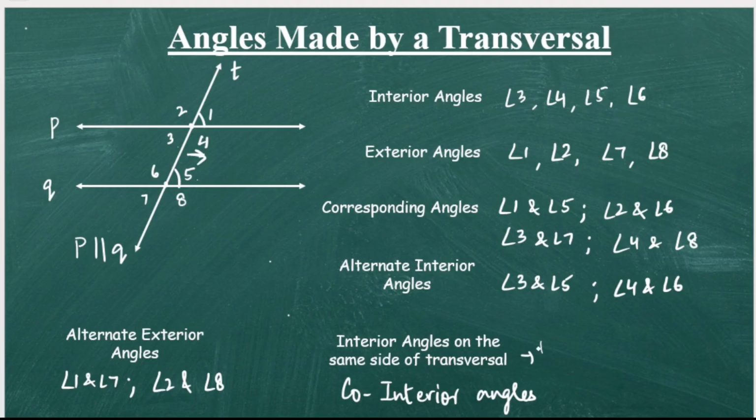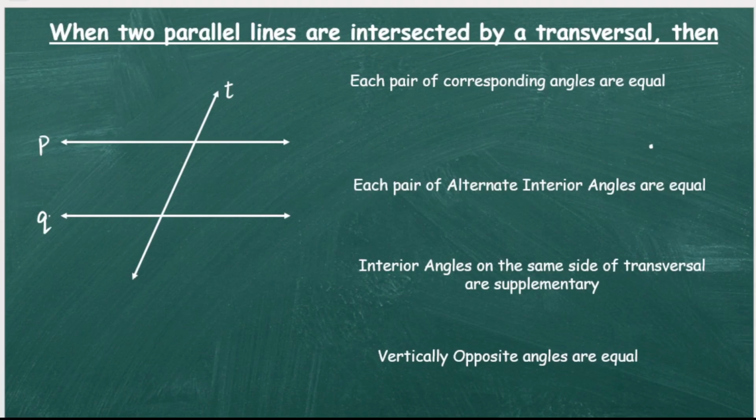So one pair of co-interior angles is angle 4 and angle 5, and for 3, the co-interior angle is 6, because they both are on this side of the transversal. So my next pair of co-interior angles is angle 3 and angle 6. So these are the 8 angles which are classified as interior, exterior, corresponding, alternate interior, alternate exterior, and co-interior angles. Now, I have some relations for these angles.